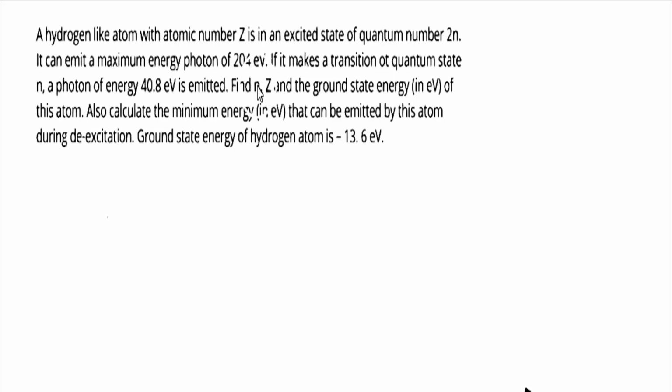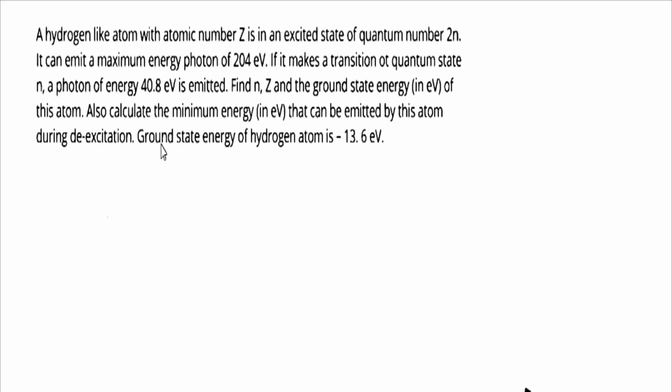Find n, Z and the ground state energy in electron volt of this atom. Also calculate the minimum energy in electron volt that can be emitted by this atom during the de-excitation. Ground state energy of hydrogen atom is minus 13.6 electron volt.